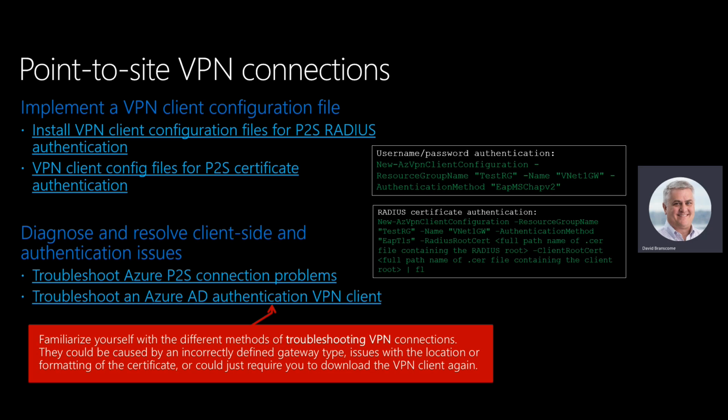Or if there have been configuration changes to the network topology, it may require that you download a fresh copy of the VPN client in order to establish that VPN connection.